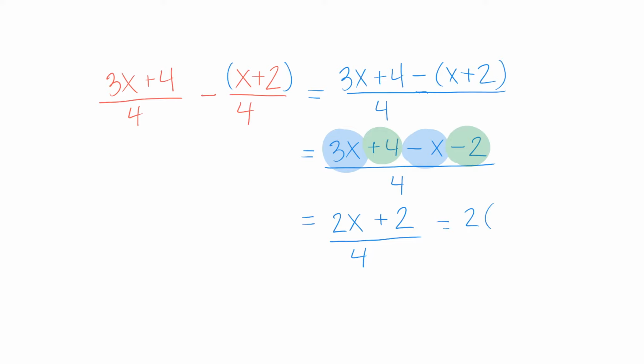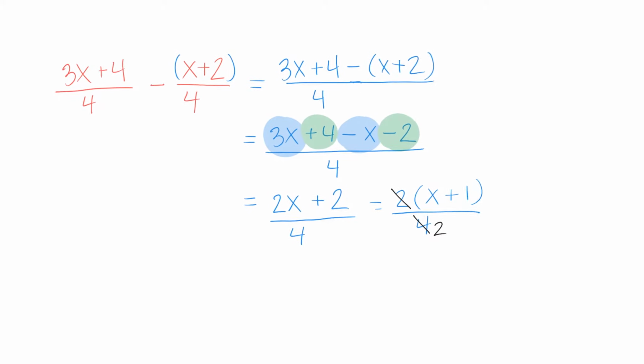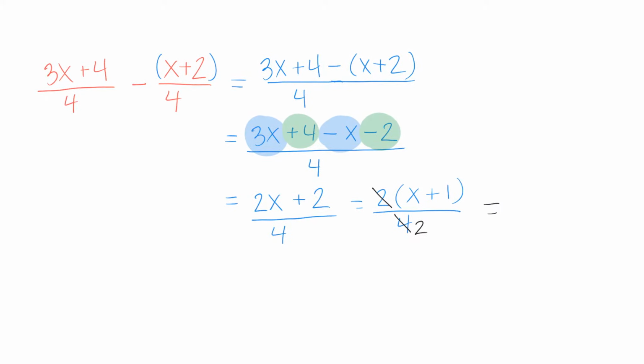That's going to leave me 2 times x plus 1, don't lose your 1, over 4. This 2 will cancel there. So our final answer is x plus 1 over 2.